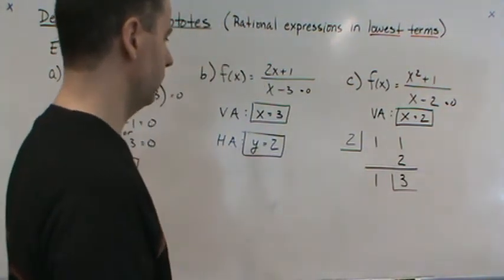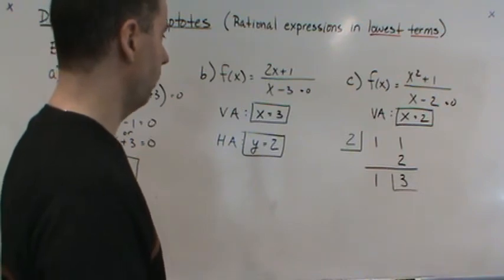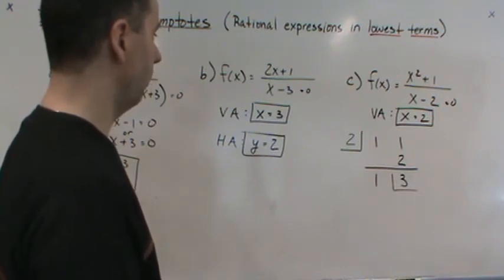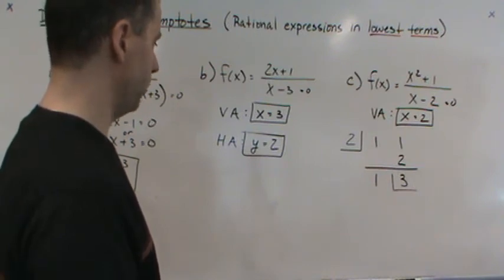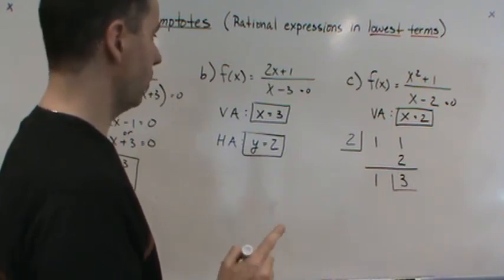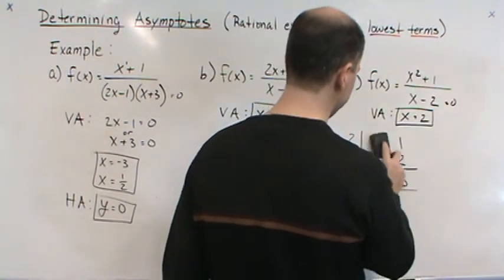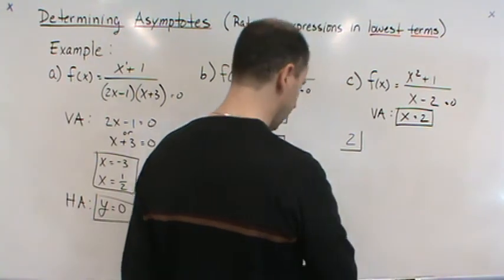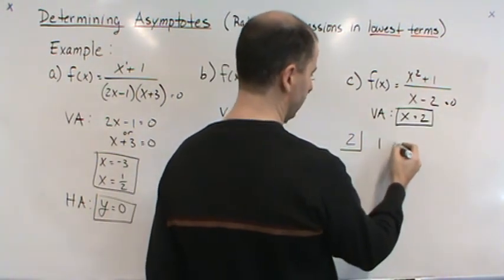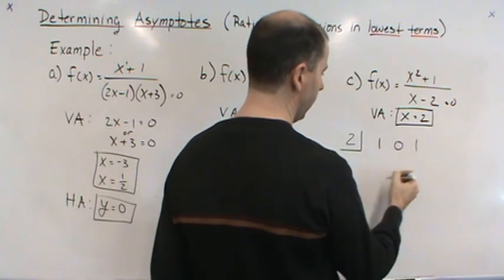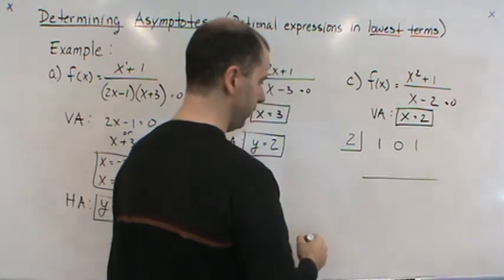Hold on a second, did I do that right? No, I didn't. I'm missing a term. I forgot the place value. I've got to have 1, then 0, then 1, because of the missing x term. Now this will work out a lot better.